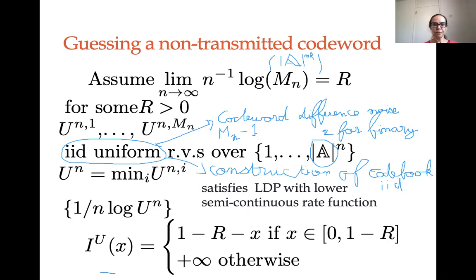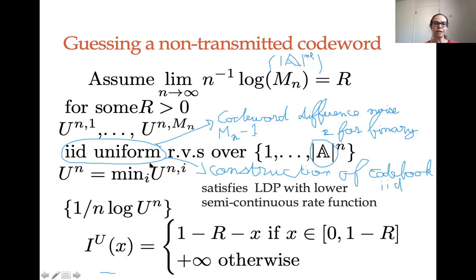Let's think what would happen if our noise in the channel were IID uniform 0, 1. In that case, we would have a binary symmetric channel with crossover probability 1/2, and the capacity of that would be 0. We would have no chance of decoding correctly, or just a minimal chance.